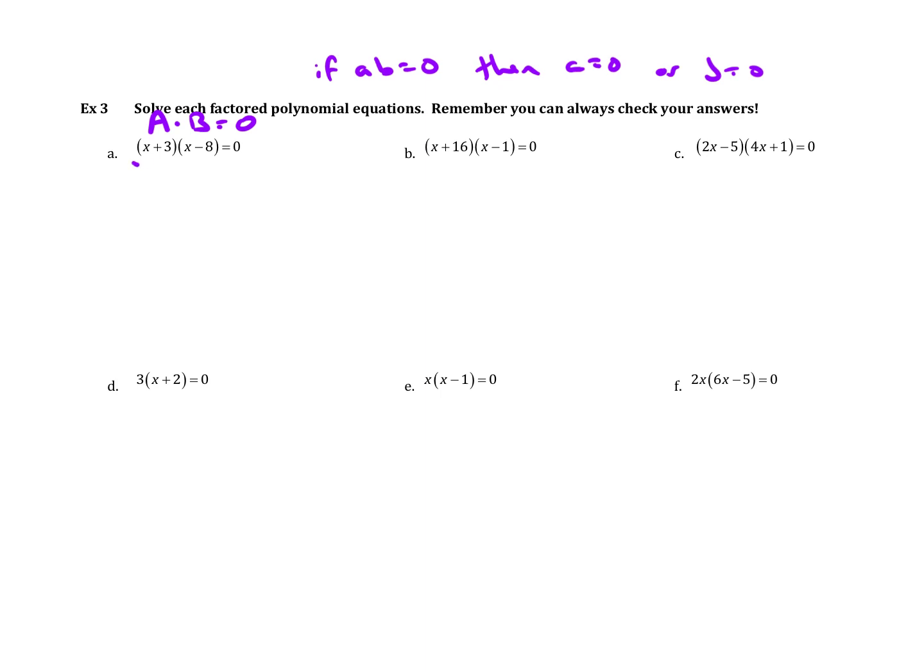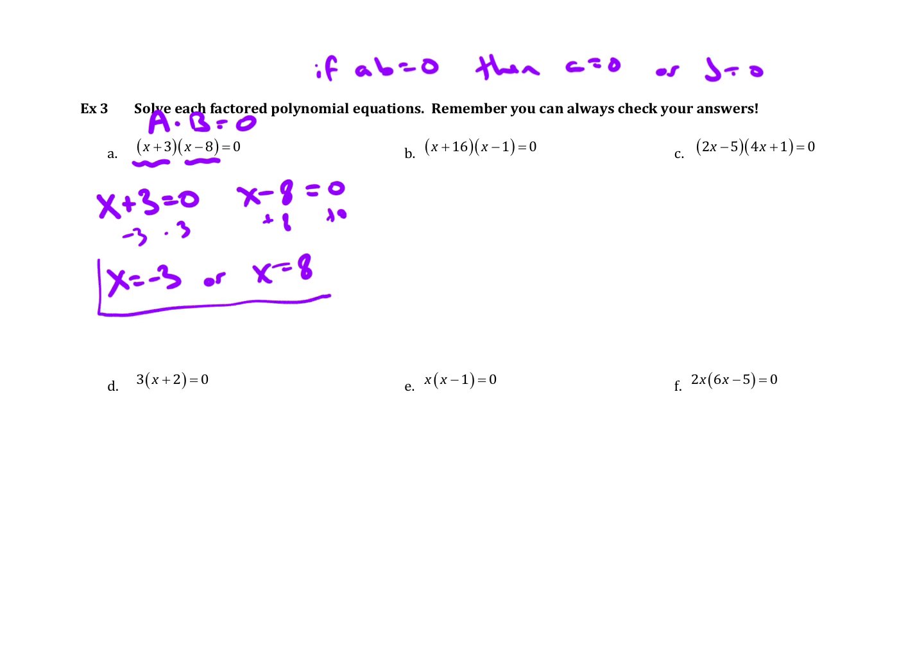So we take each factor and write it as a new equation equal to 0. Either x plus 3 has to equal 0 or x minus 8 has to equal 0. Those are nice and easy to solve. Subtract 3, x equals negative 3, or add 8, x equals 8. And those are my two answers.